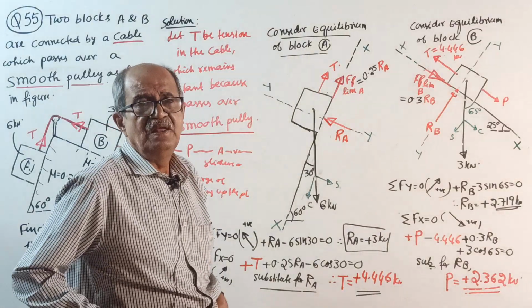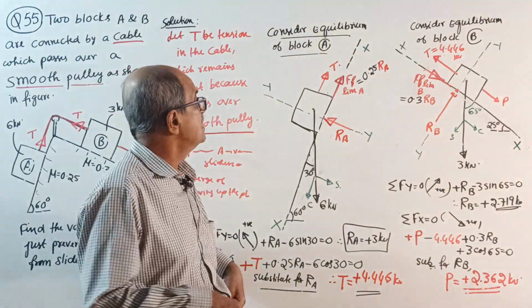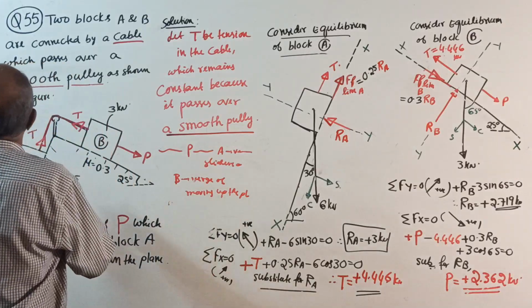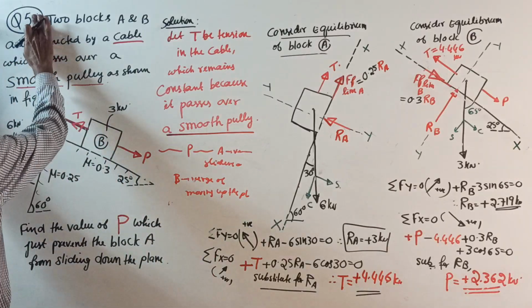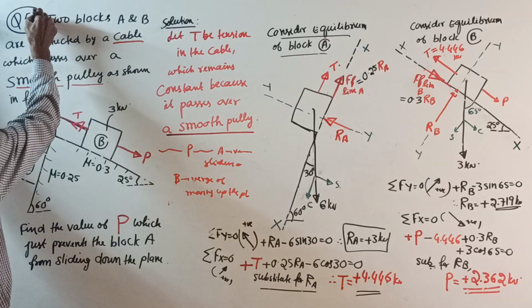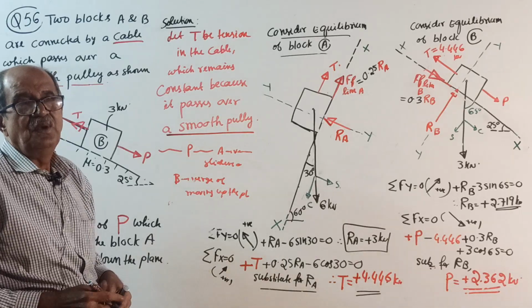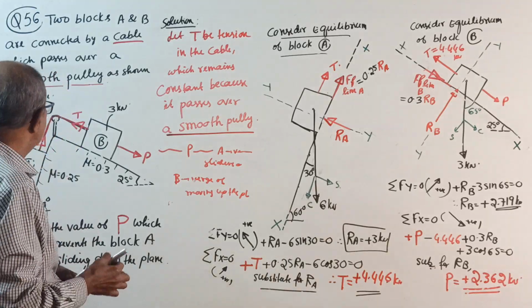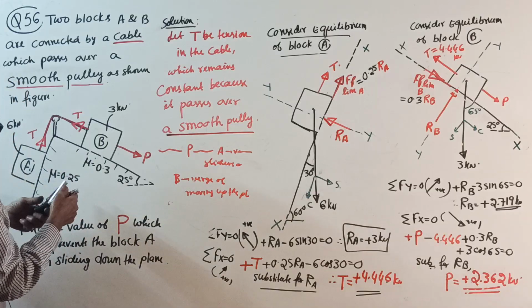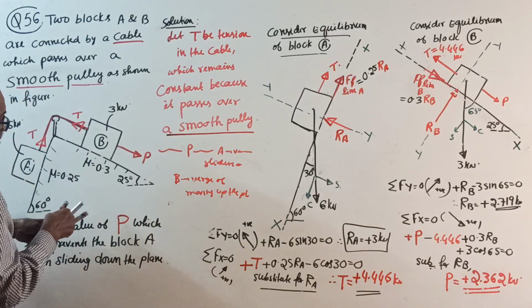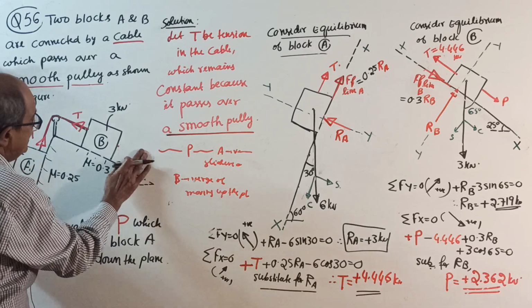Okay, over. Now, next question, question number 56. I won't save the time. Same question I will solve, but one change I will make just to understand. See, this P is in the question.